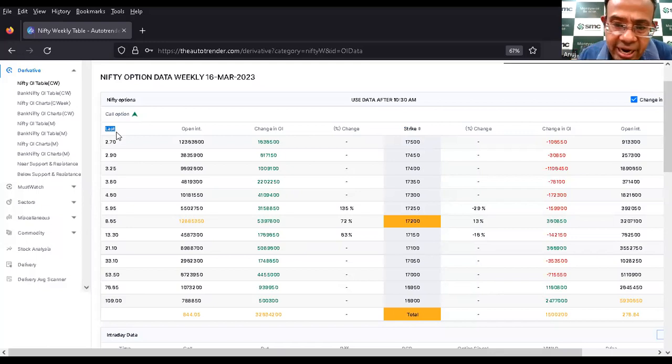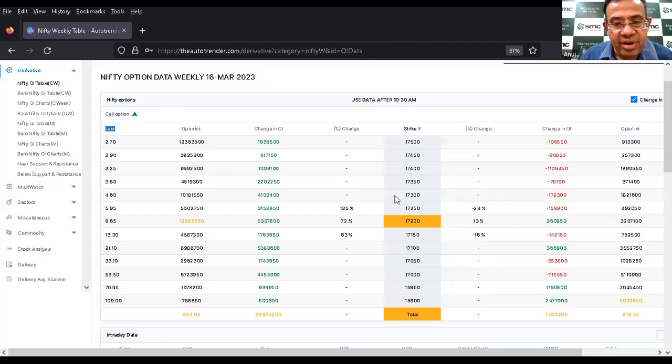Last price is the indicative current market price, which we give for reference purposes, nothing more than that. When you want to trade, you will surely have to look at the current market price on your execution platform. So it is just for your reference, just for your understanding.